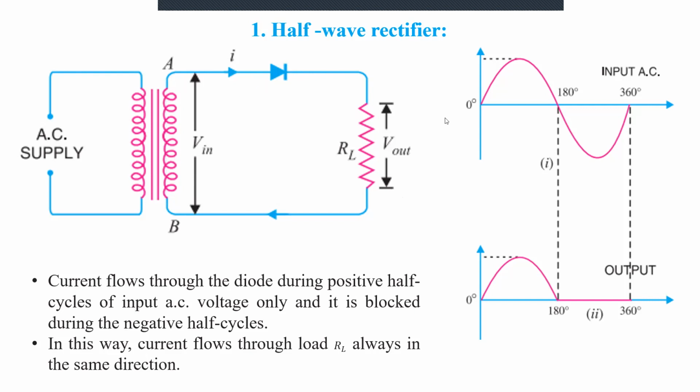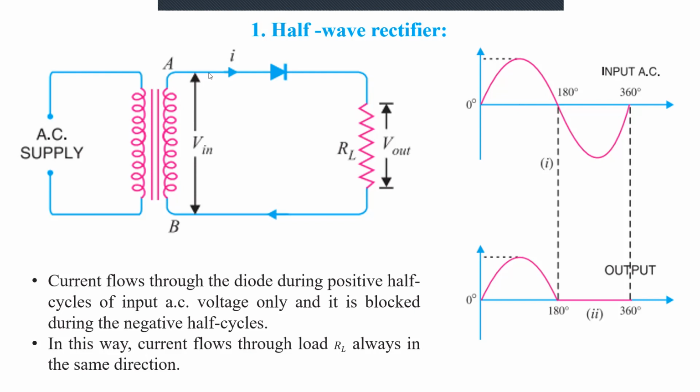This is the input AC represented in sinusoidal form, with a positive half cycle and a negative half cycle. When the positive half cycle is given, end A of the transformer becomes positive and end B becomes negative.